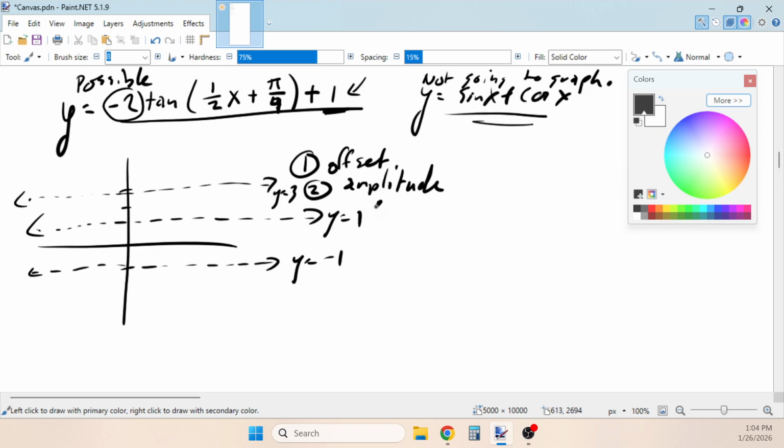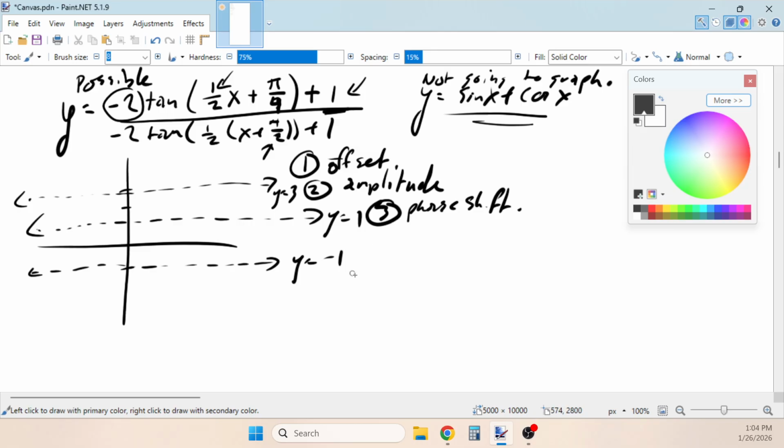The next step that I have is I want to find the phase shift. And to do that, I will have to factor the coefficient of x off of the stuff that's inside the trig function. So this becomes my phase shift.